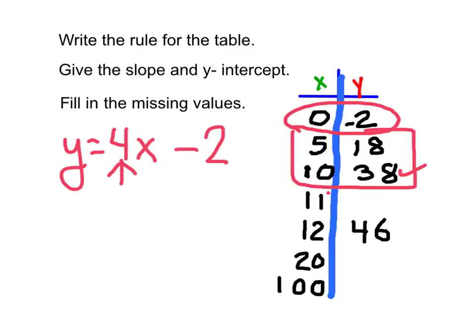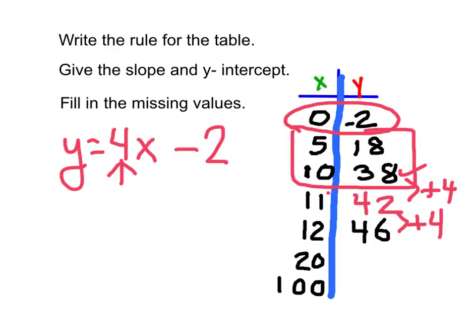Our growth rate is going to be 4. Alright, if that's the case, then when x is 11, then y is going to equal 11 times 4 minus 2, which is 42. Alright, and that fits right in line with the value of 12 and 46. So that just again shows me that's a growth rate of 4.